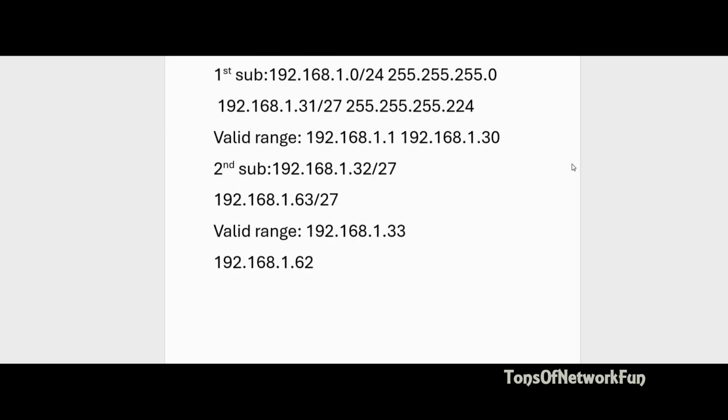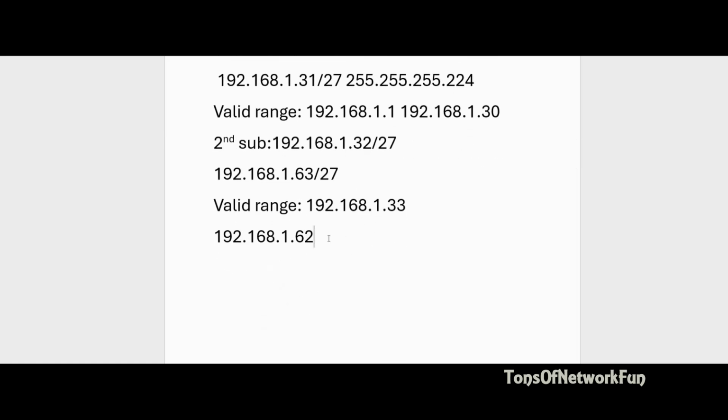So the second subnet, then the third will come like this: 192.168.1.64/27, where we ended at 63. This is a broadcast, right? And then this will end at 192.168.1.95.